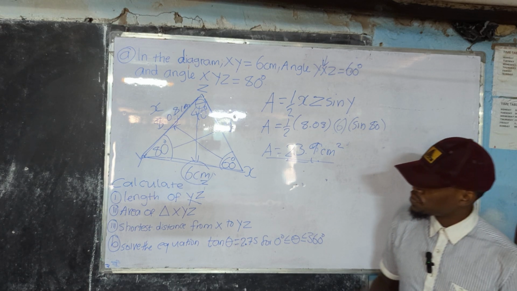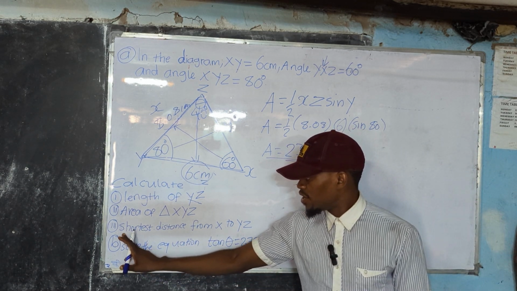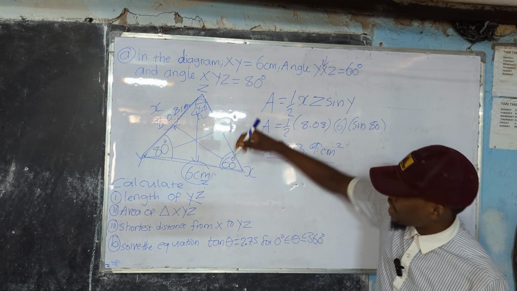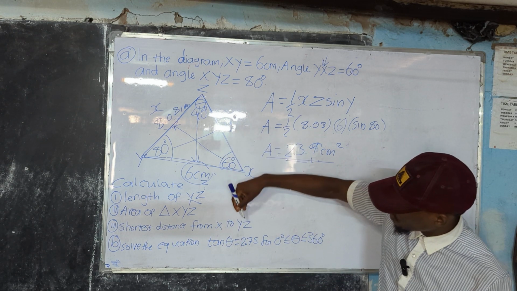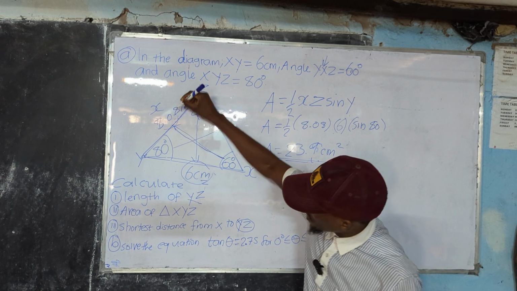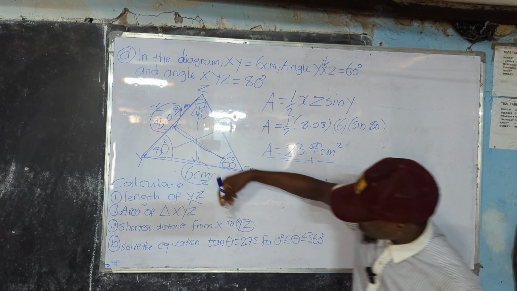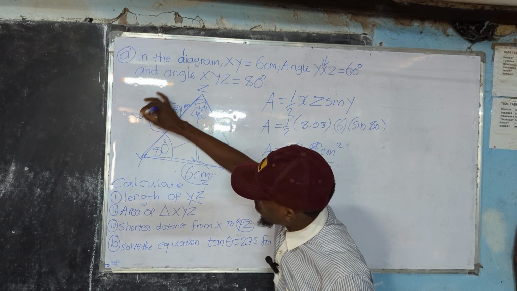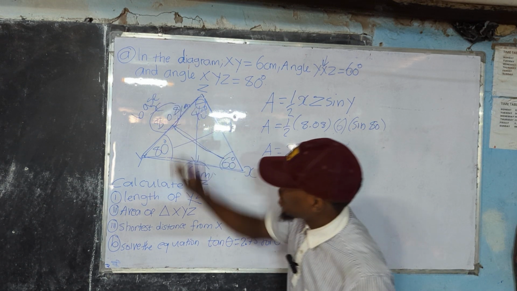Now, let's move on to this one. Shortest distance from X. So we are coming from X here to YZ. So X to YZ. So this distance represented by these two letters is what we are going to call as our base. Why?